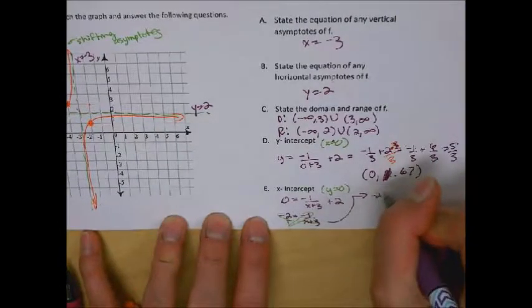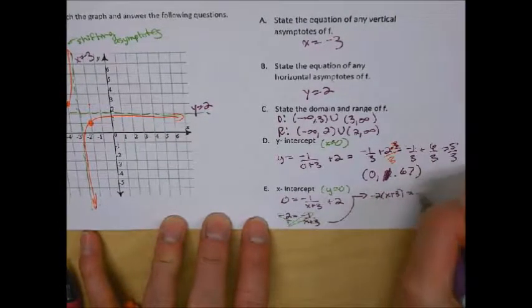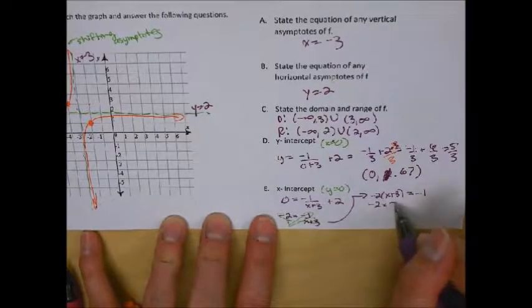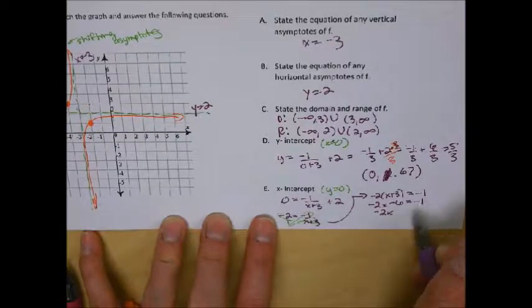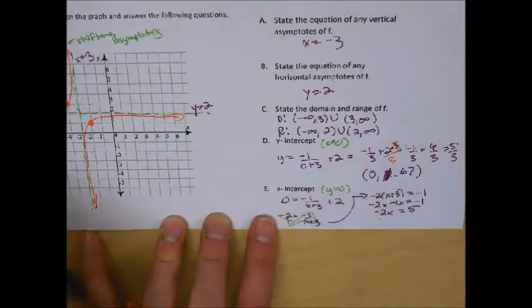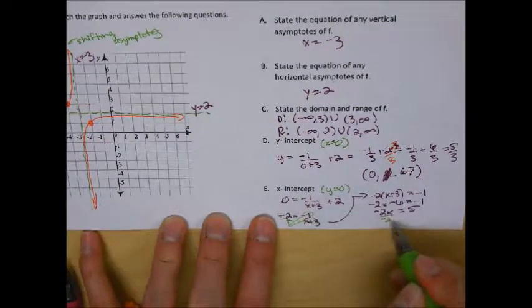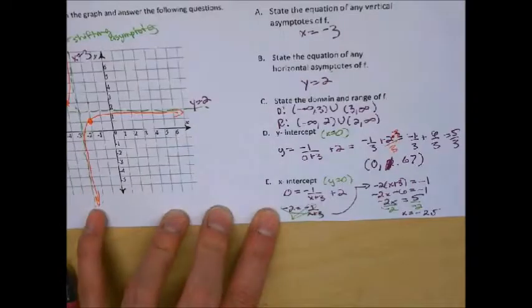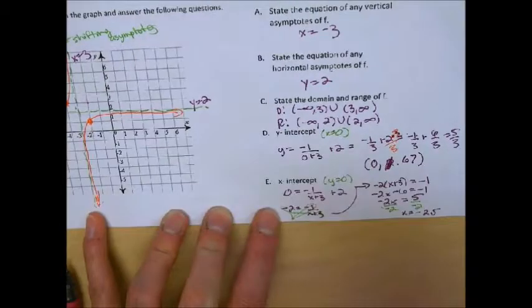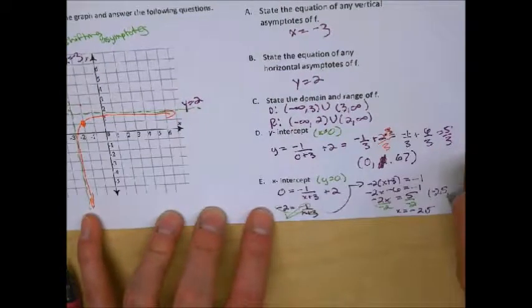So -2 times x plus 3 equals -1. -2x minus 6 equals -1. -2x, add the 6 over, we get 5. Divide by -2. X equals negative, and that's 2.5. Let's see, does that look about right? Yeah, looks about -2.5. So this gives us -2.5, comma, 0.